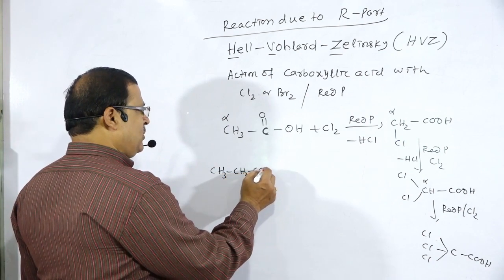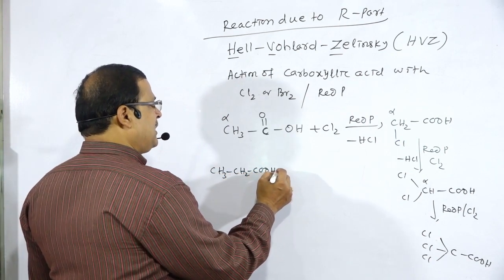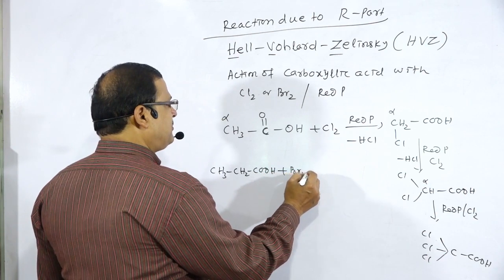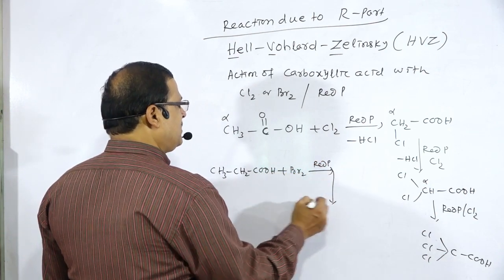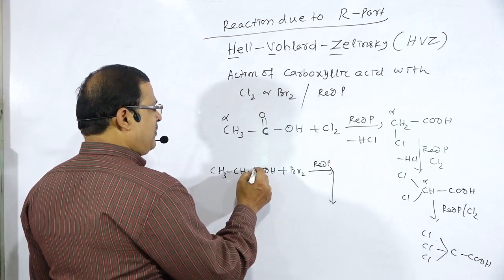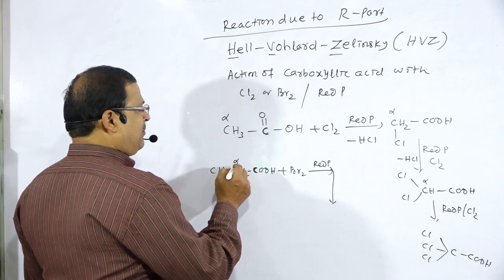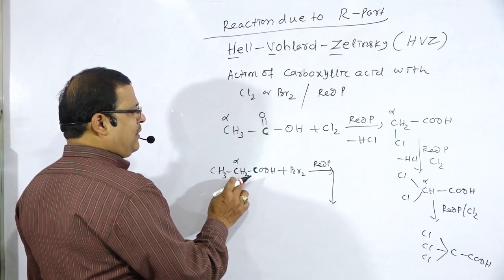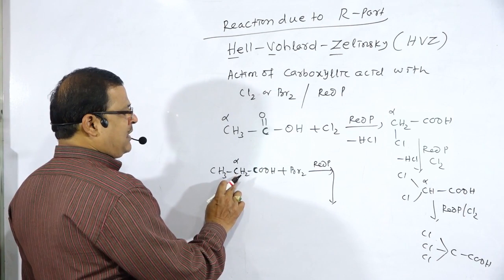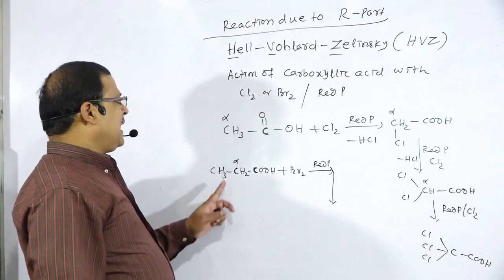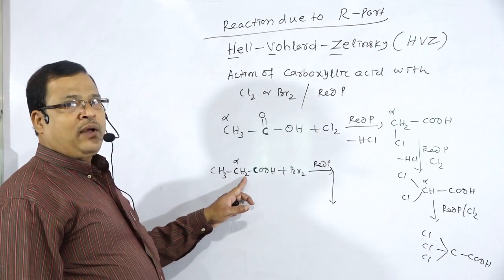In the same manner, if we take CH3CH2COOH and treat it with bromine in the presence of red P, what will the product be? Nearby the carbonyl group there is one alpha carbon atom, which contains 2 alpha hydrogen atoms.